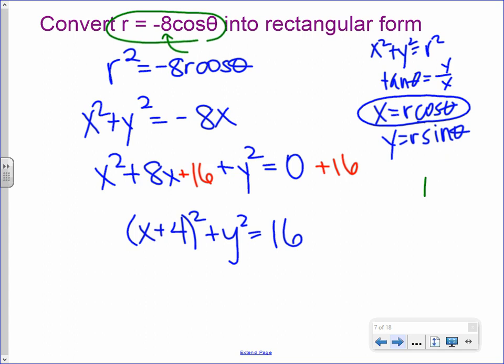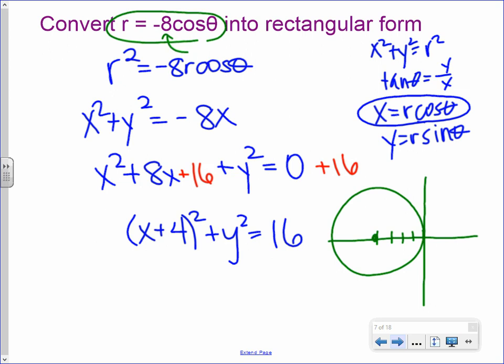The more practice you do, the better at this you will be. This is what that circle looks like. To the left of the pole, because it's negative cosine, 8 gives you the diameter. And we'll talk more about those specifically.